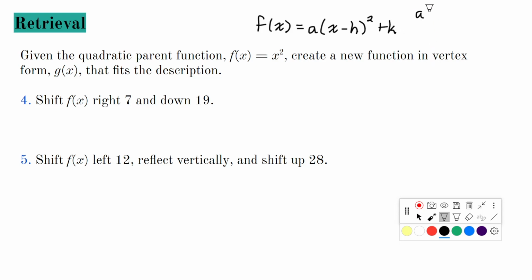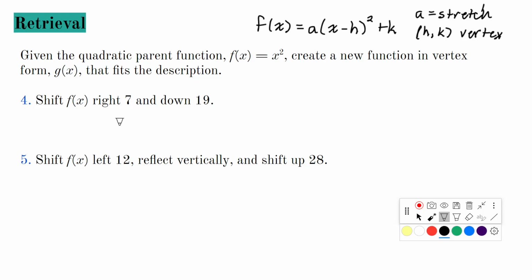A is the stretch. The point (h, k) is the vertex. And if we have a negative a, that means it's going to be reflected. It's going to be turned upside down.